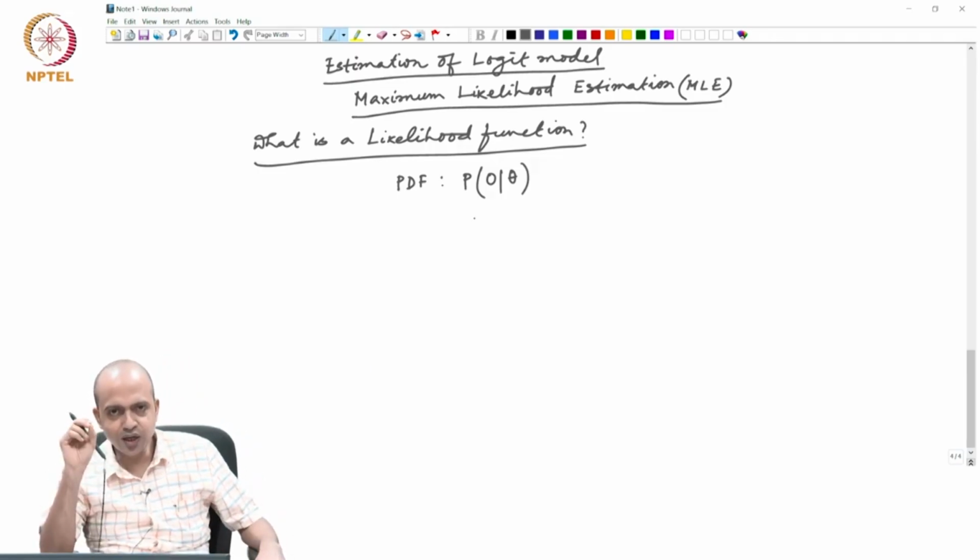When I am specifying a particular probability density distribution function, let us say binomial, I can find out from there, if I toss a coin, let us say 15 times, what is the probability of having, let us say, 5 heads, right?